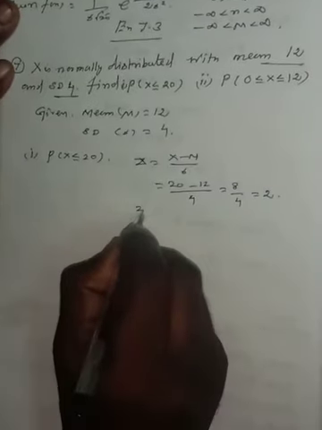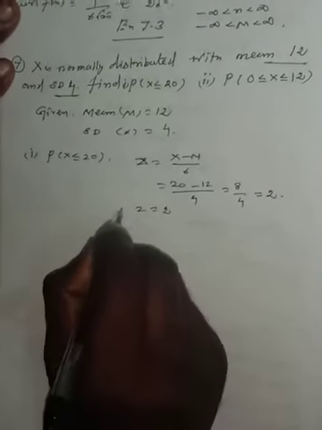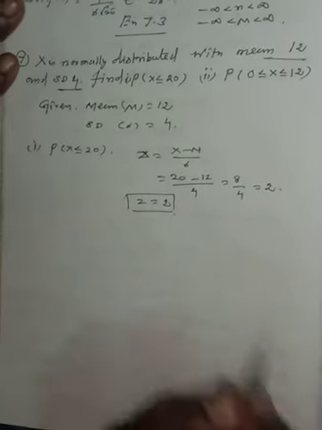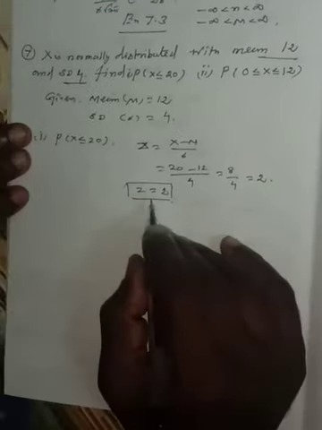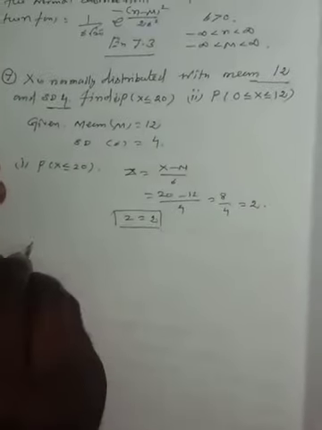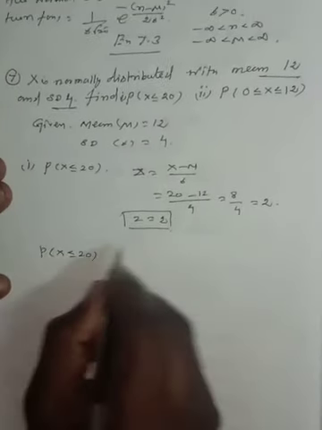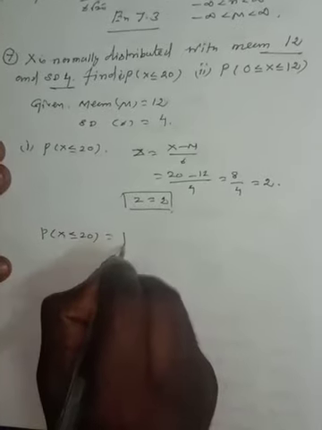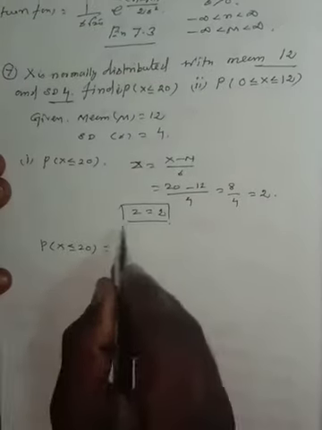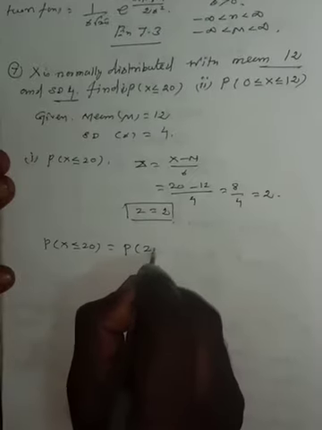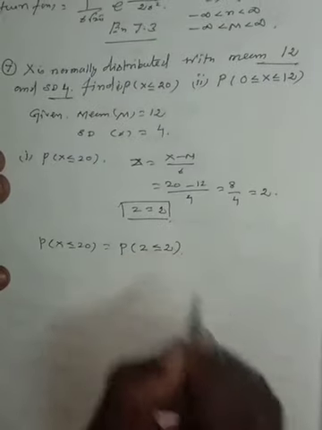So Z is equal to 2. P of x is less than or equal to 20 is equal to P of Z is less than or equal to 2, changing x into Z.